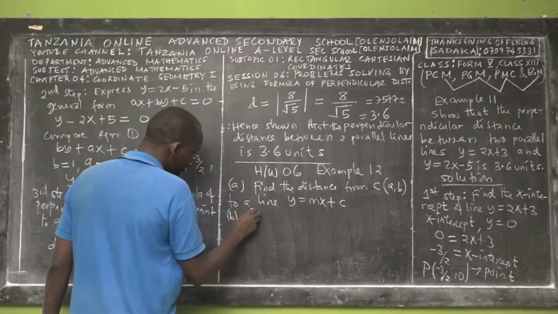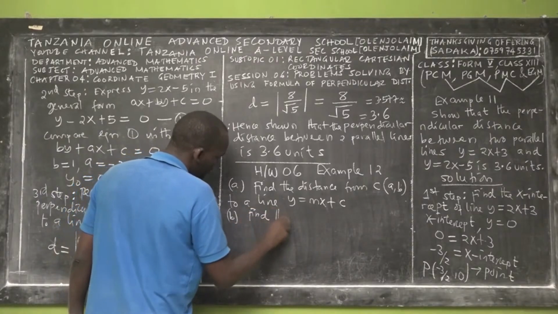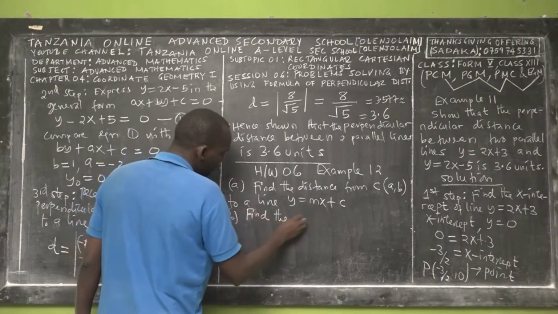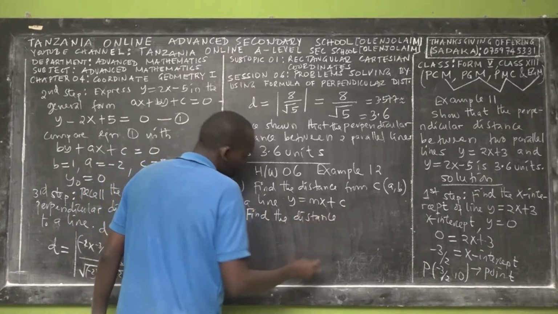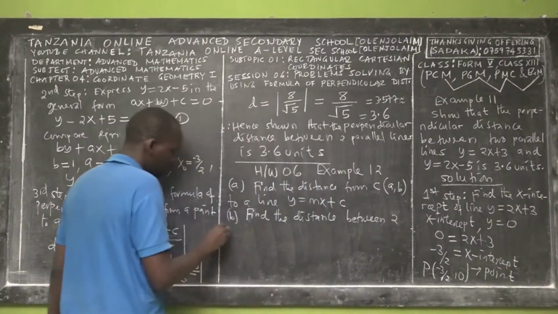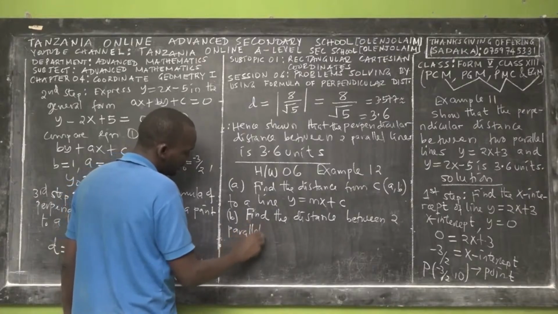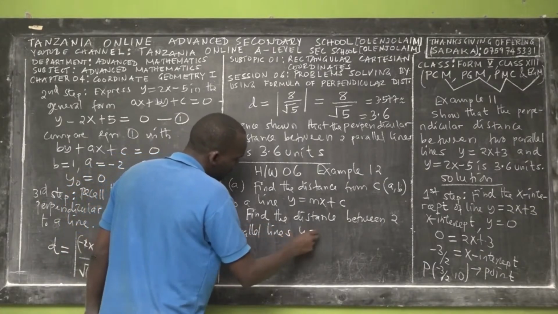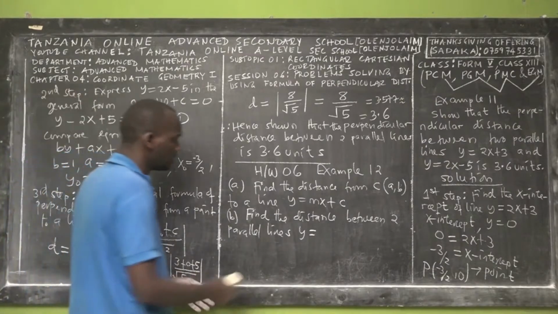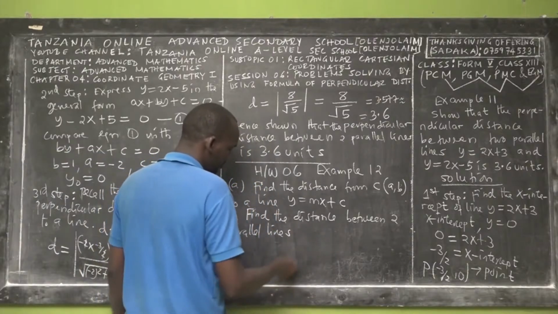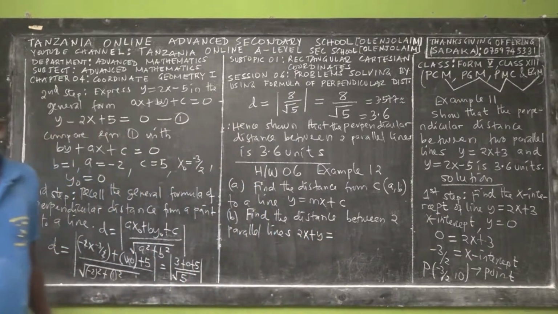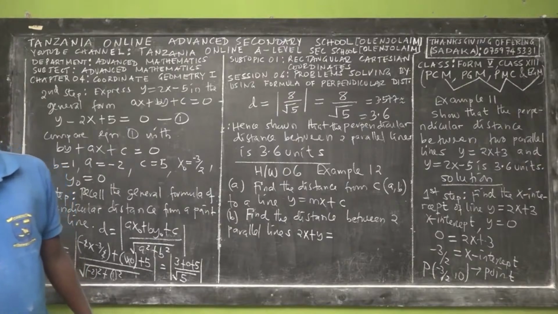Roman B: find the distance between two parallel lines. y is equal to 2x plus y. x plus y is equal to 4.